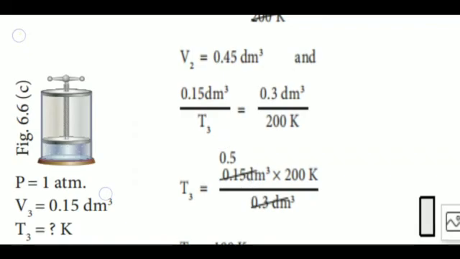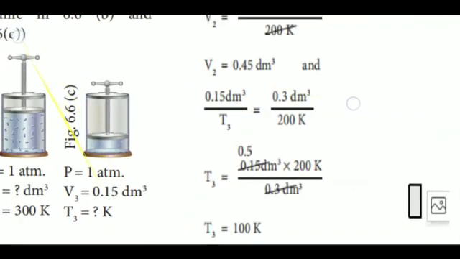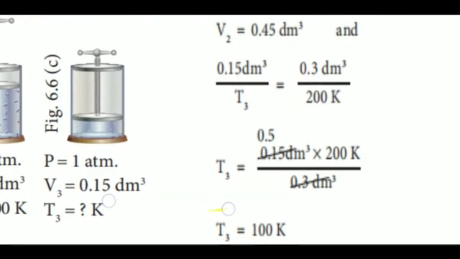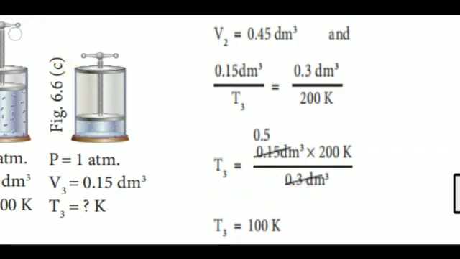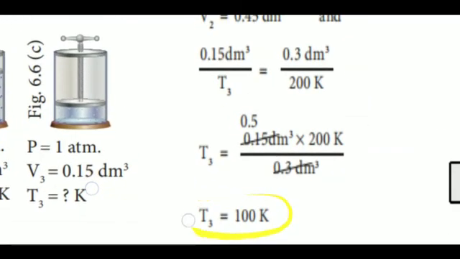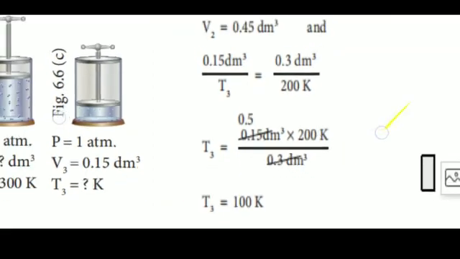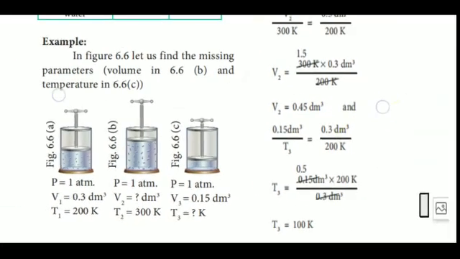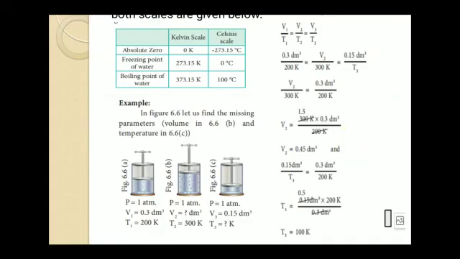Both the decimeters are cancelling. So 0.3, here 0.15, we are getting 0.5. So what may be the answer? 0.5 into 200 Kelvin. We are getting 100 Kelvin. So what is the value of T3? 100 Kelvin. By using Charles law, we can calculate the missing parameter.